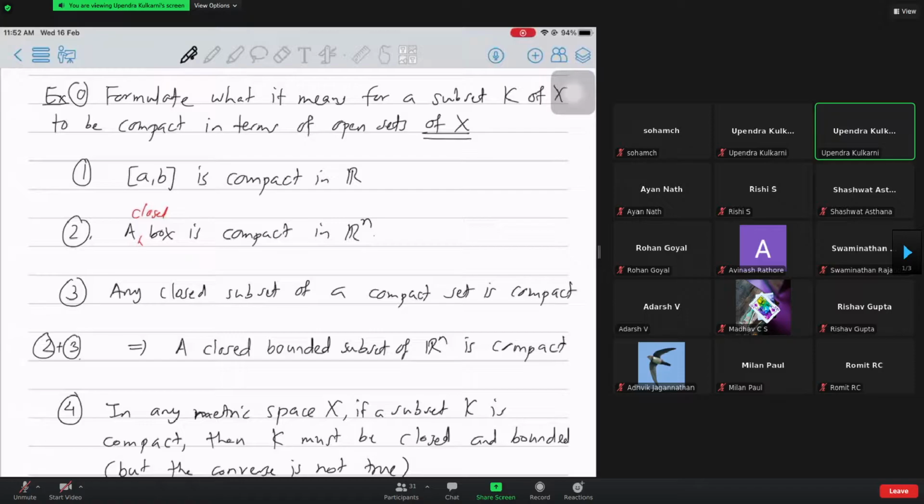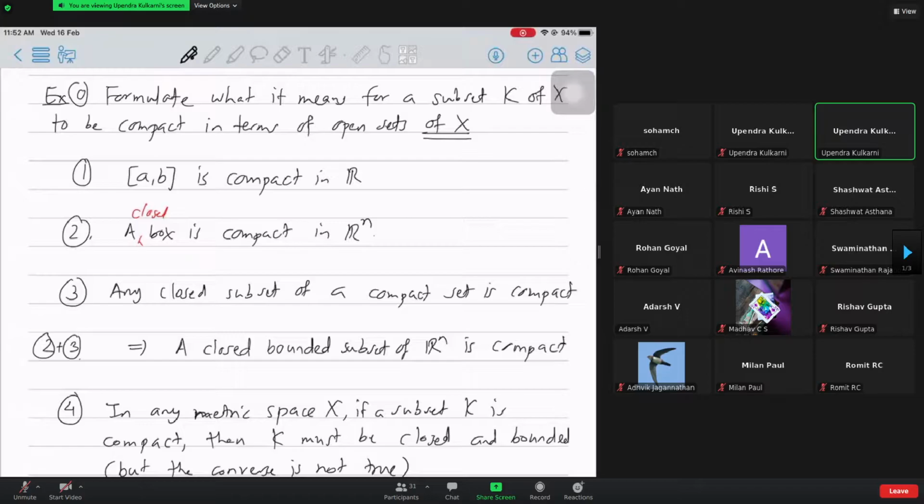So the words closed and bounded both depend on the metric that I put in Rn, a priori. But the metric we are normally interested in is the Euclidean metric. But we saw that the topology that we get from the Euclidean metric is the same as the one we get from the p equals 1 norm and the p equals infinity norm.